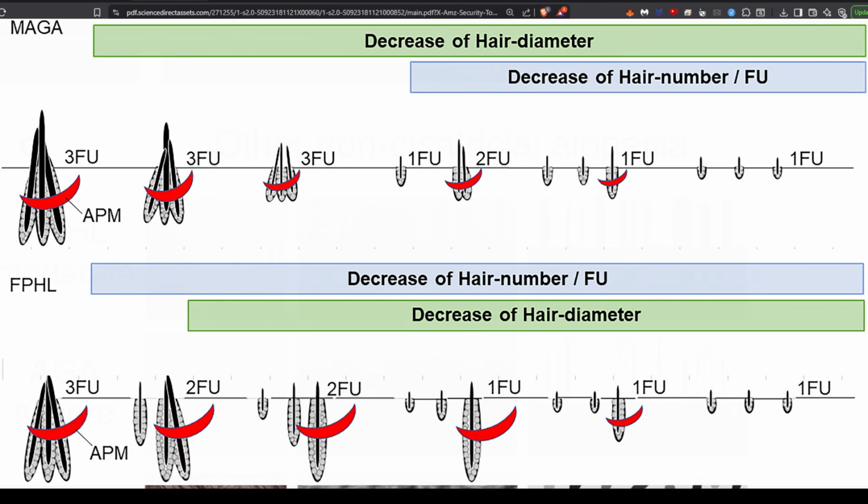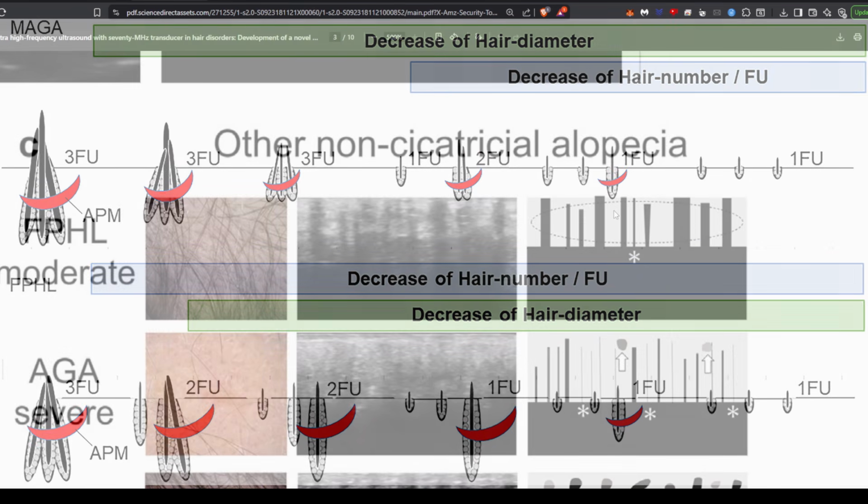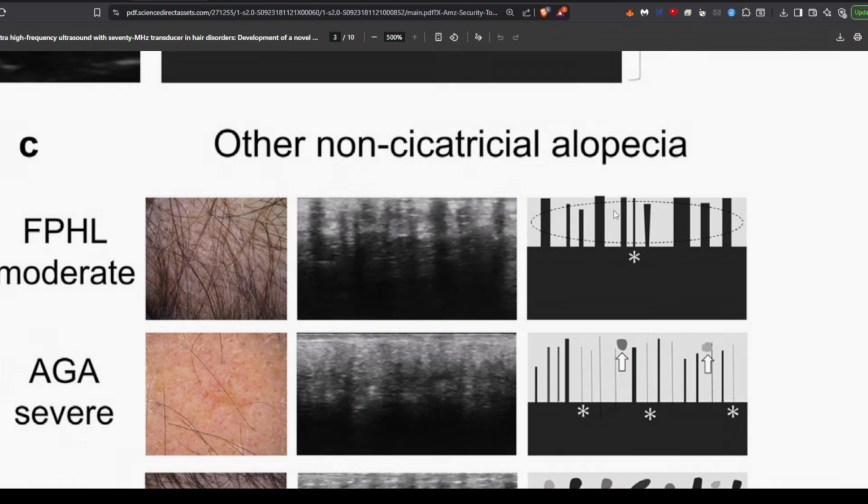And it's thought that female pattern hair loss and male androgenetic alopecia, although they are essentially the same condition from what we know, both affected by androgens, mainly DHT, the progression in pathology for female pattern hair loss is kind of different from male androgenetic alopecia. I'll put a screenshot of the image, but if you're interested in the study that shows that, it will be in the description below.